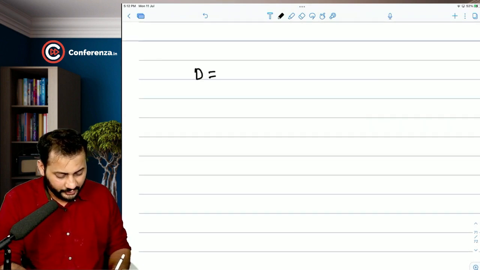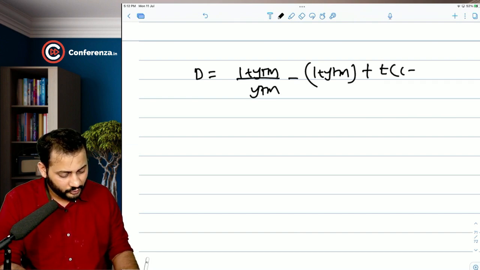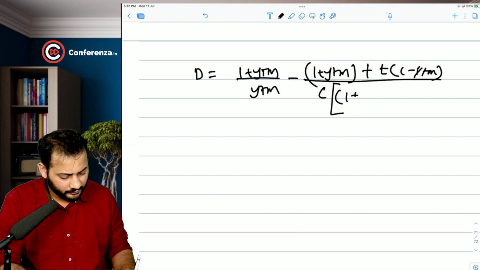If you remember, duration is equal to (1 plus YTM) divided by YTM, minus (1 plus YTM plus T in bracket coupon minus YTM) divided by coupon in bracket (1 plus YTM to the power T minus 1) plus YTM.